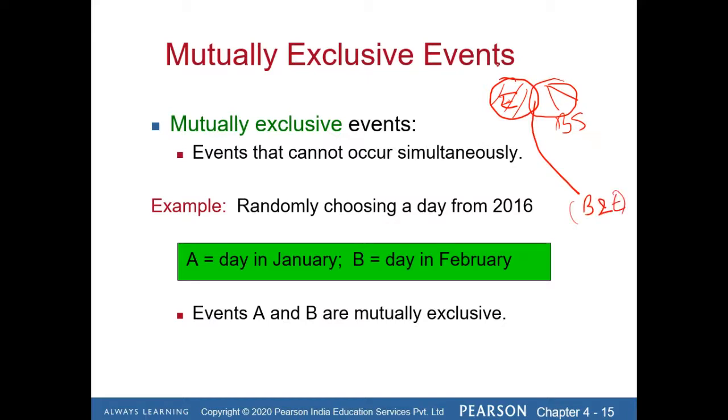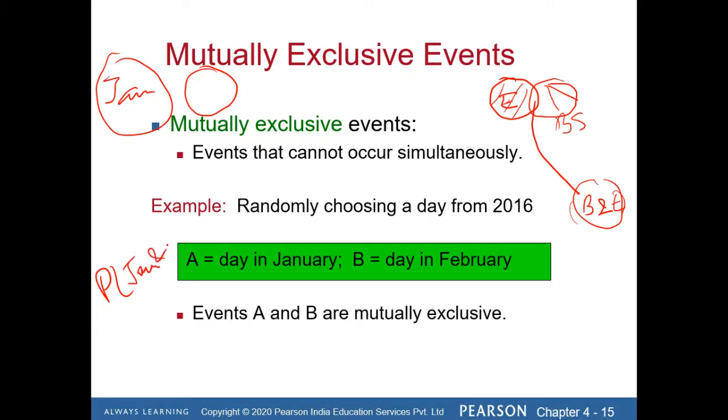So this type of event is possible, but mutually exclusive event says, like the months January and February, not a single day is common. There is no common event which you will find. What is the probability of January and February?